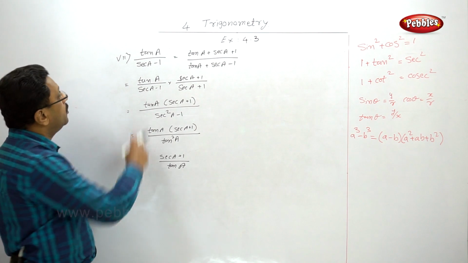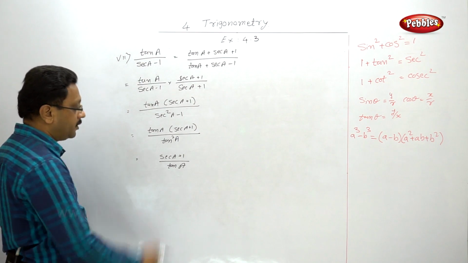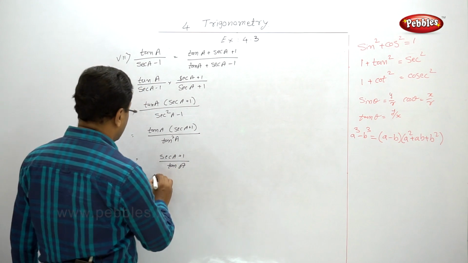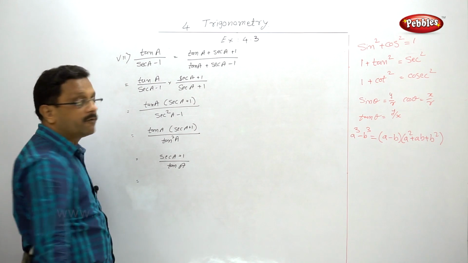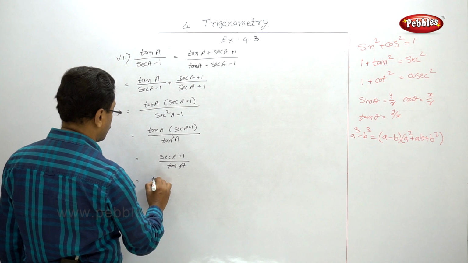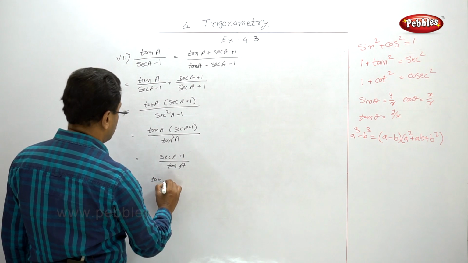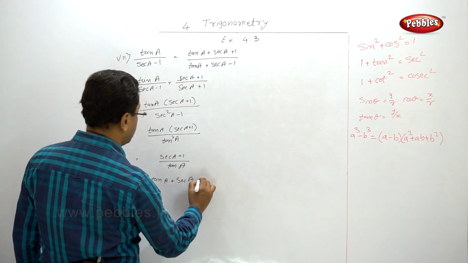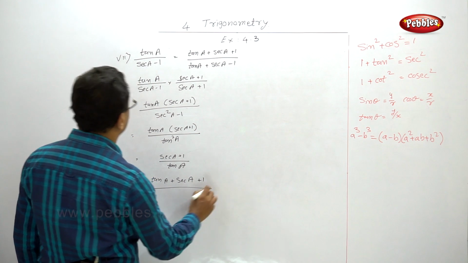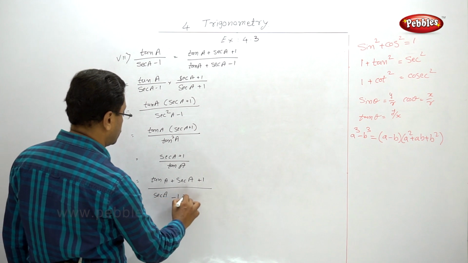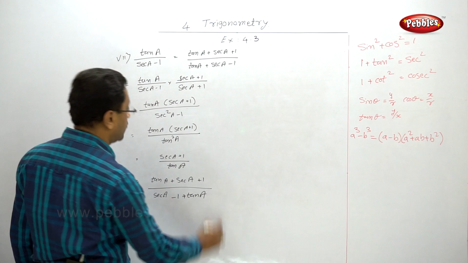Correct? Now you have tan A upon sec A minus 1 and you have this, equal to k. By the theorem on equal ratios, we will add these two. So (tan A plus sec A plus 1) upon (sec A minus 1 plus tan A).